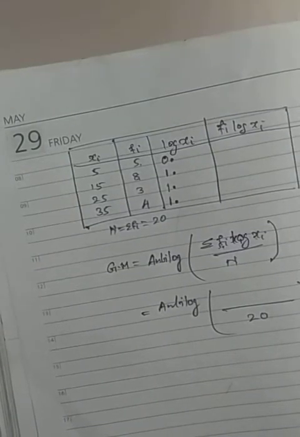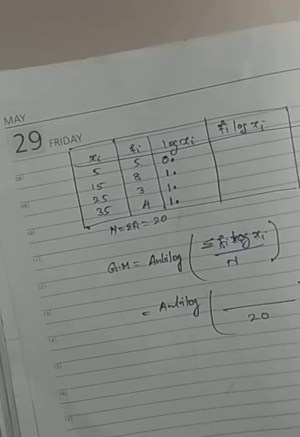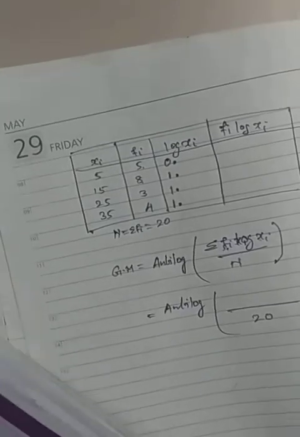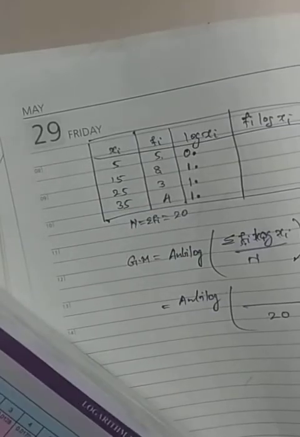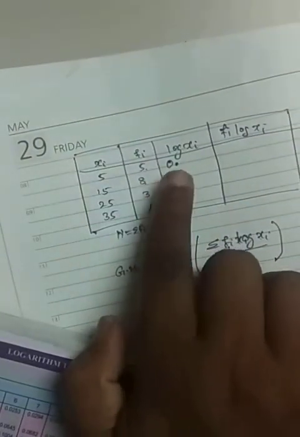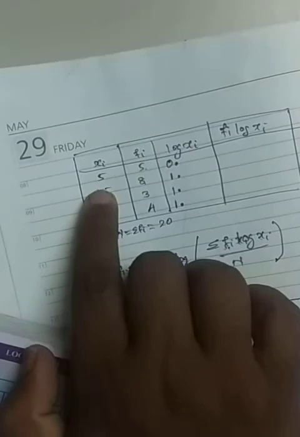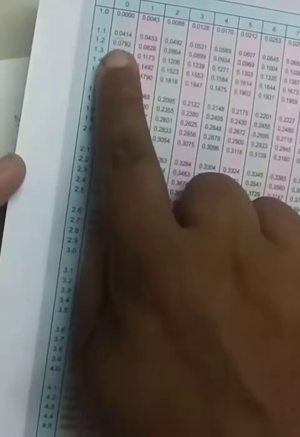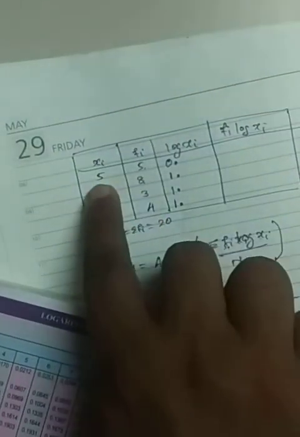I'll show the values here. I have to take this logarithmic table. You just see here, this is the logarithmic table. The first value is log xi. The x value is 5, so I need to check here for 5. There is no other number here, just 5, so 5 of 0.